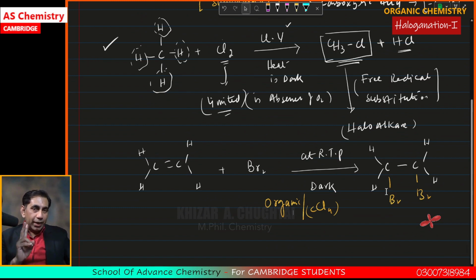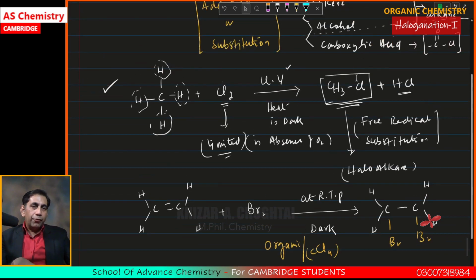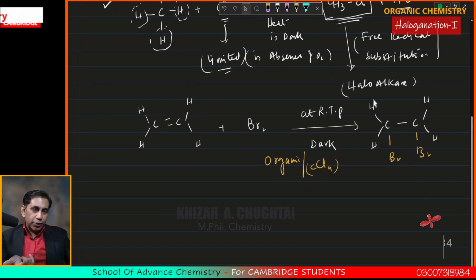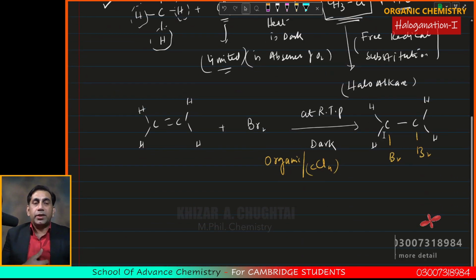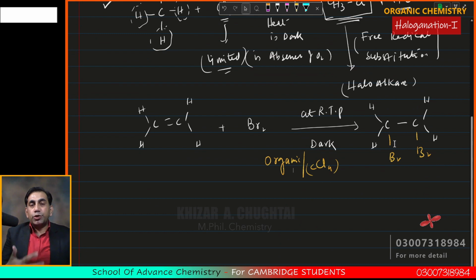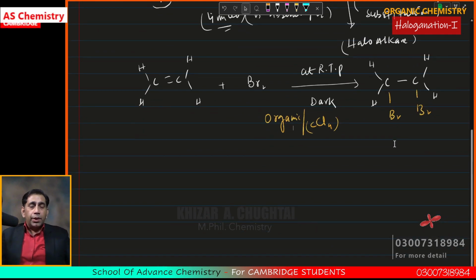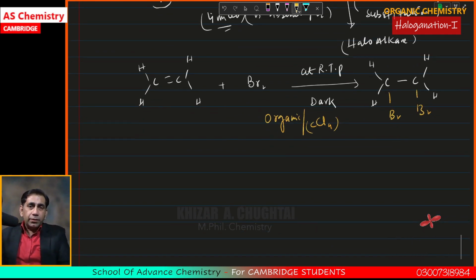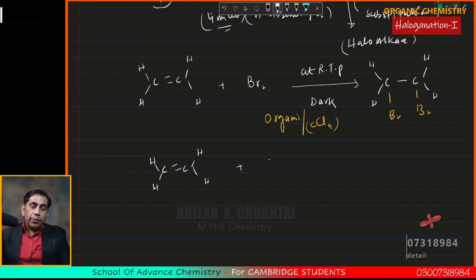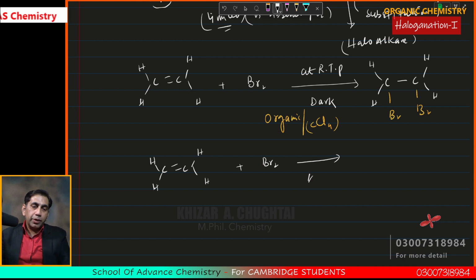So again, we have introduced halogen to the organic compound. This time I have made 1,2-dibromo. In the first case, only one chloro I was substituting over there, and this time I am substituting two. In this case, if I'm using, let's suppose, aqueous medium, I'm going to write it once again: carbon-carbon double bond, and hydrogen, plus Br2, and this time I'm going to use aqueous medium.